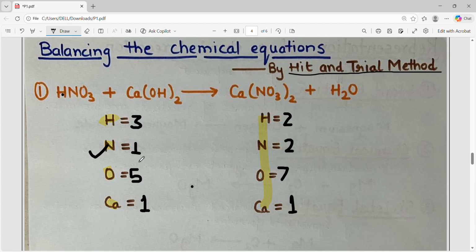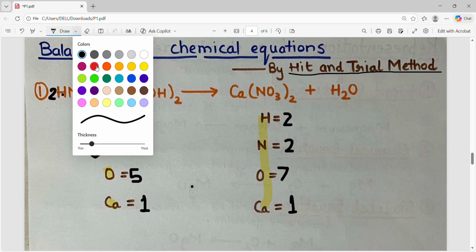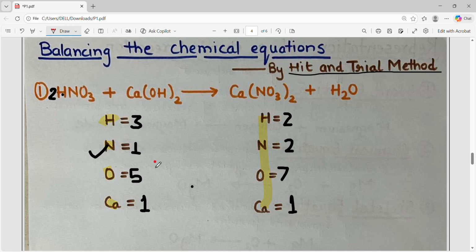If you see, 1 nitrogen on this side and 2 nitrogen on the product side, we simply add 2 in front. Now you have changed the number of nitrogen, so I cut 1 and write 2 in place of it.